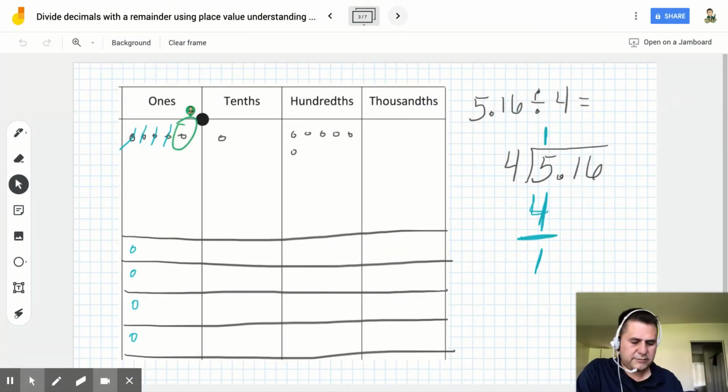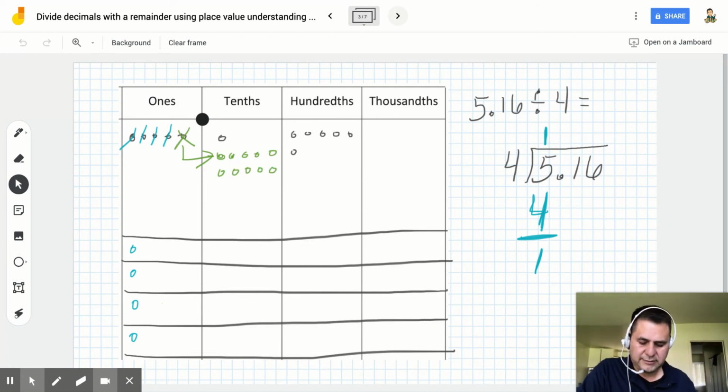There's 1 left. What do I do with that 1? That's right. I'm going to exchange it. Cash it in for 10 tenths. 1, 2, 3, 4, 5, 6, 7, 8, 9, 10. And I've got 10 tenths.